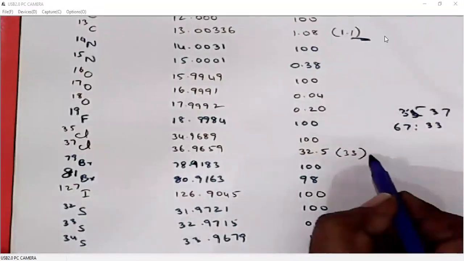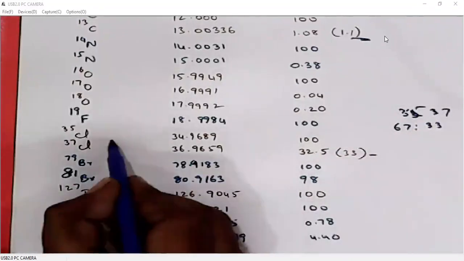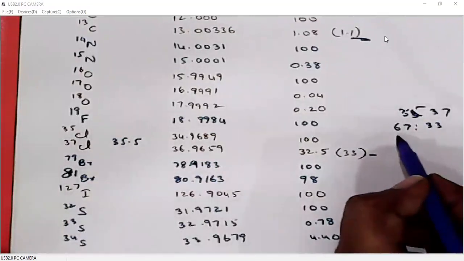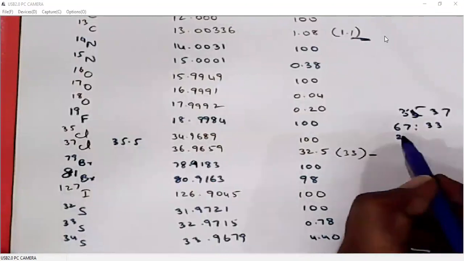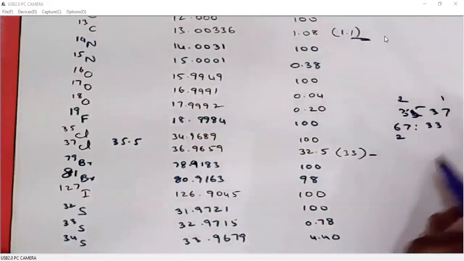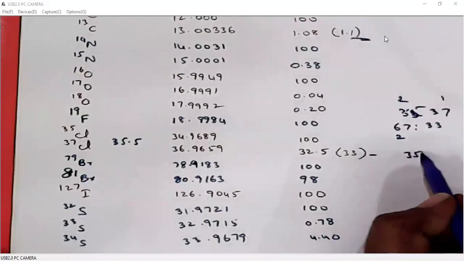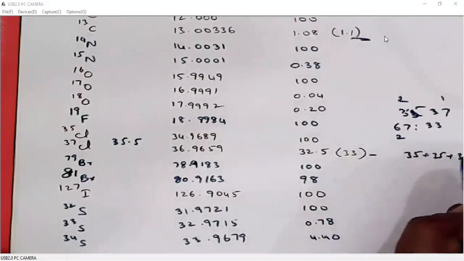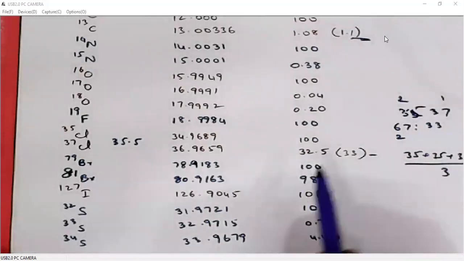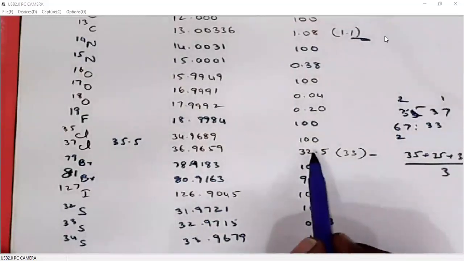So generally we say the mass of chlorine is 35.5. Why? Because two parts are 35, one part is 37. So the average is 35 plus 35 plus 37 by 3. When you take the average, we get 35.5. So it is basically because of the ratio of isotopes.